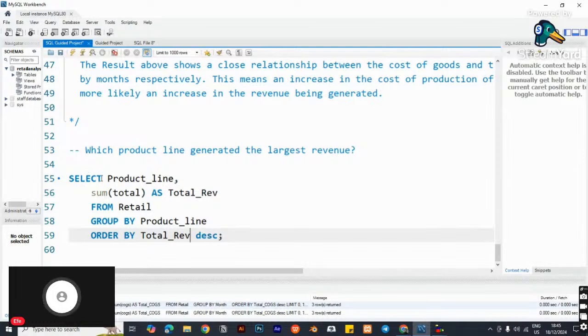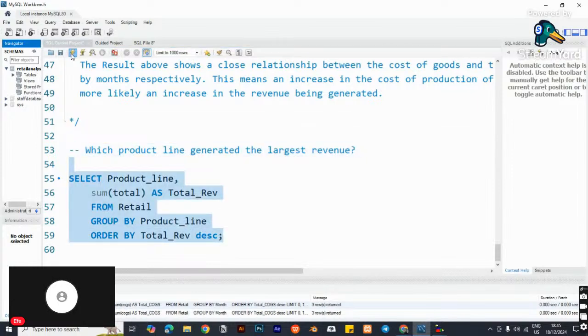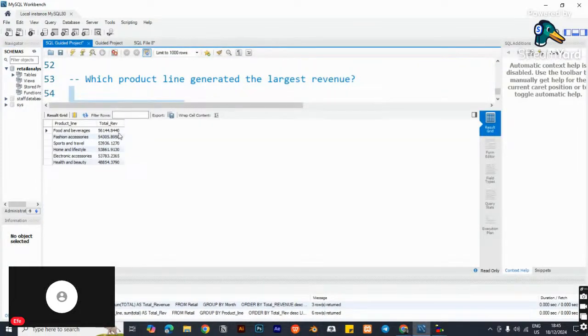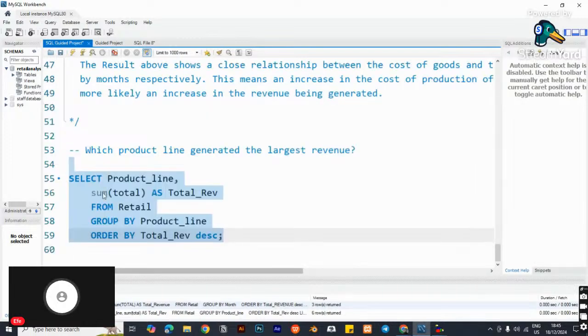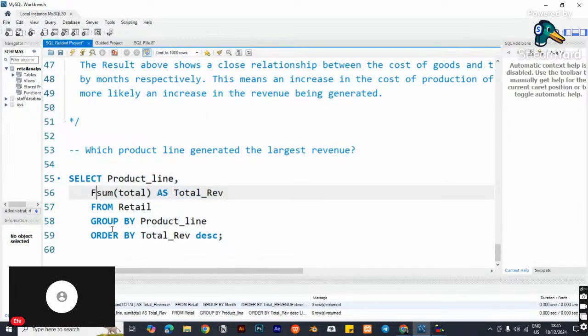So you say select product line, total sum from retail group by product. If you run this, it will categorize all of them, and so you can see. So this is it. You can format it. Let's format it.